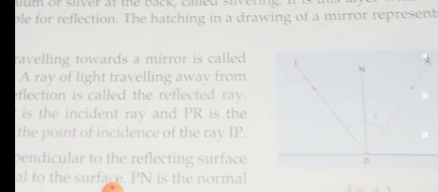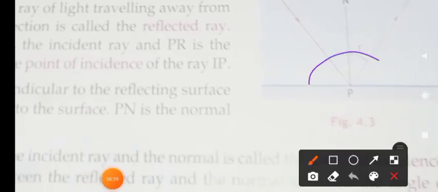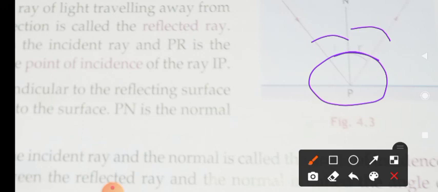Look here, all are lying on the same plane, right? Also, the angle of incidence is always equal to the angle of reflection. Both the angles should be equal to each other. These two are the laws of reflection. If the light rays follow these two laws, then we can say that they undergo reflection.